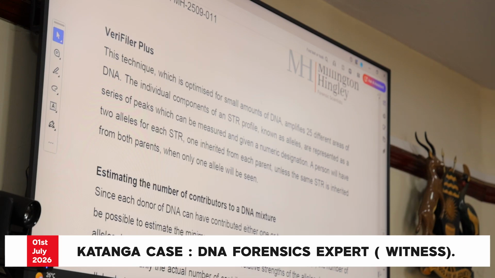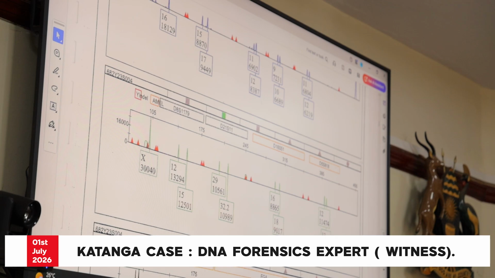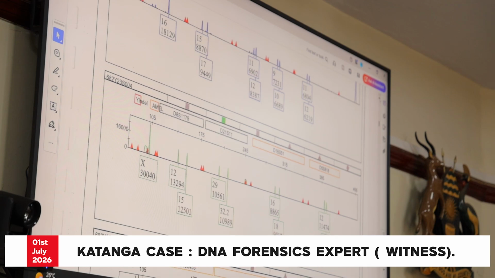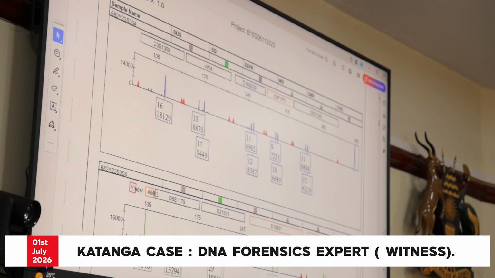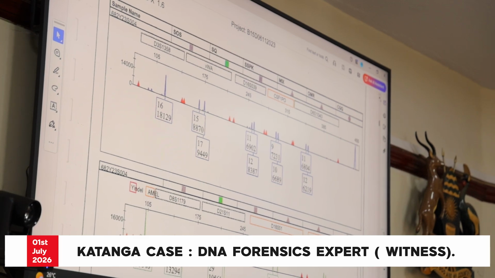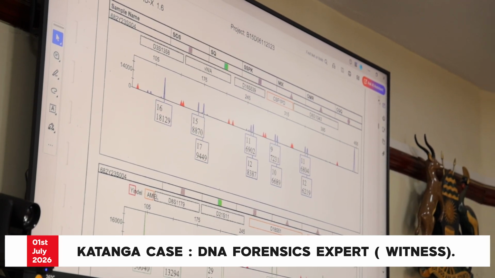Okay, so in simple terms, if we go back to the DNA sample of Molly Katanga, you'll show us that. And that, my lord, was in Defense Exhibit 5.